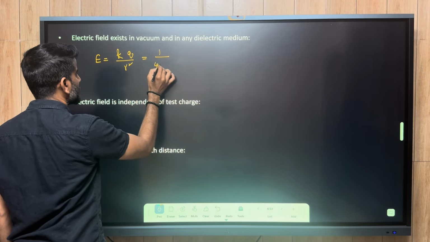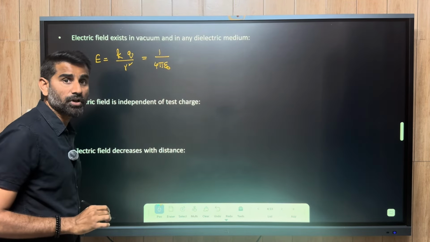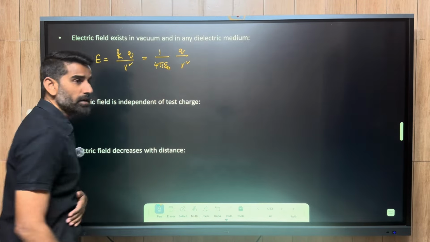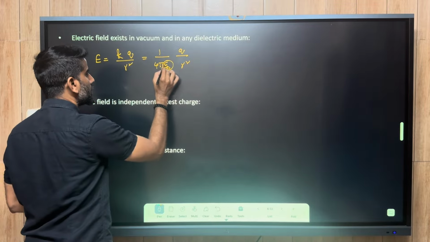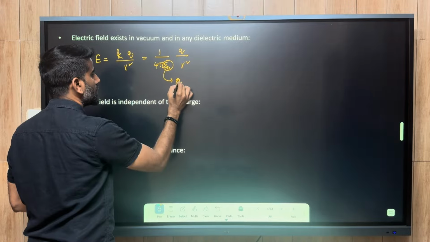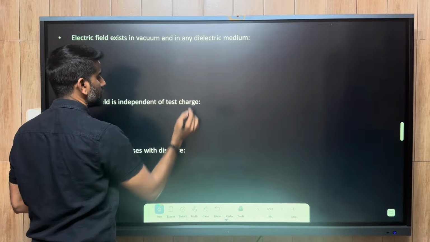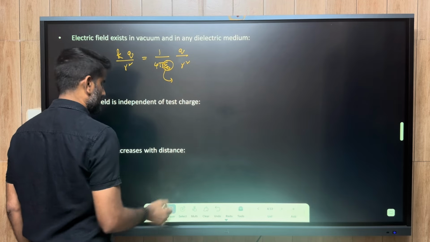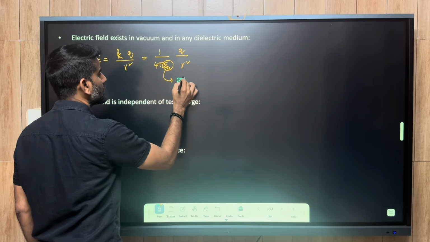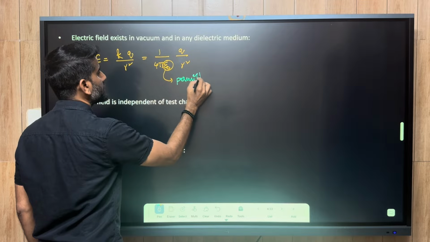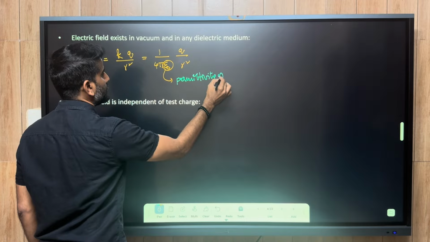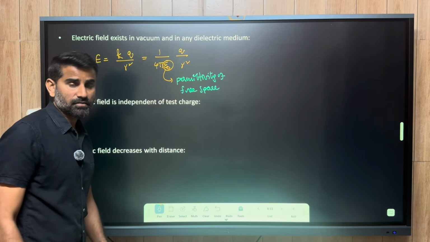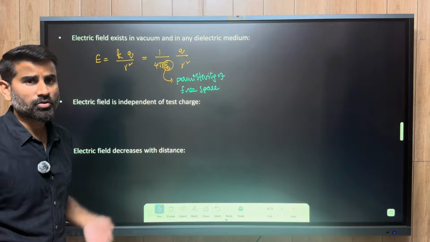I can write this Coulomb's constant as 1 by 4 pi epsilon naught for free space, vacuum, Q by r square, where epsilon naught is the permittivity of free space. You can name it as vacuum or air medium or free space medium.